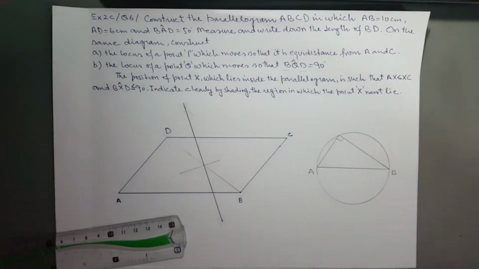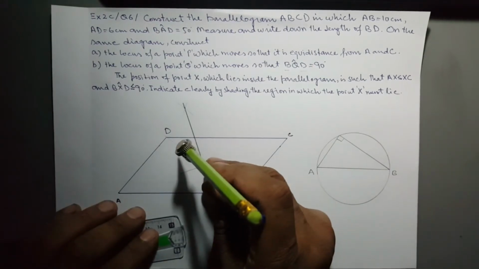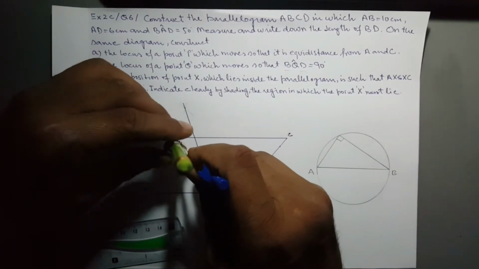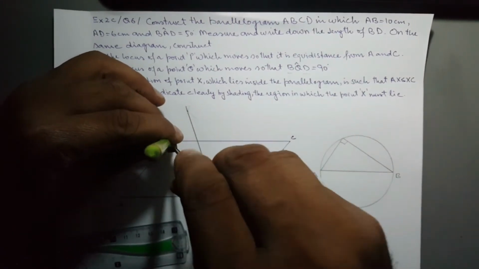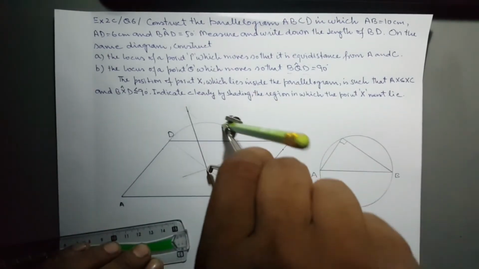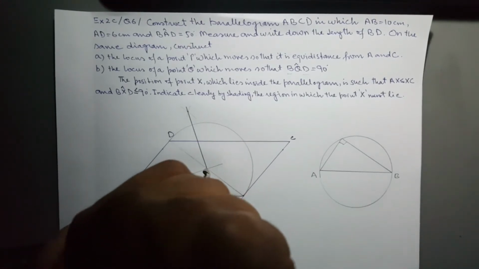Now with the center at the midpoint of BD, and radius from the midpoint to D or from the midpoint to B, we will draw a circle.